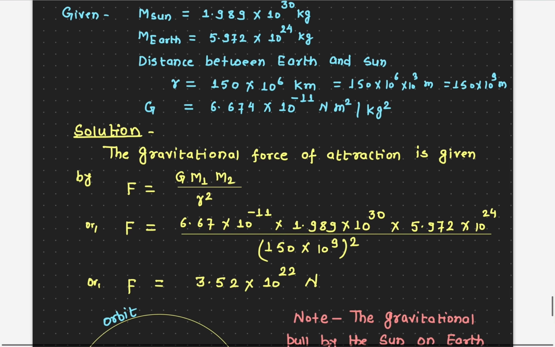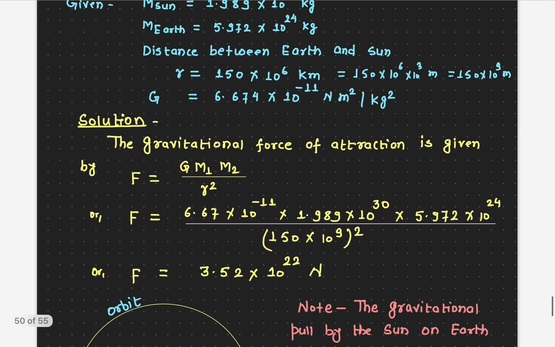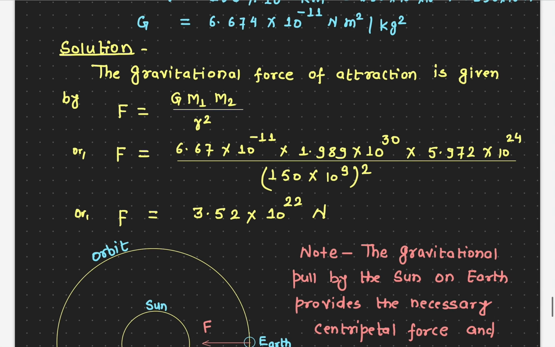So now, by Newton's law of gravitation, the force of attraction between the two masses is given by this equation: G m1 m2 over r squared, and we know the value of G. Just for your understanding, the capital G and the small g are two different physical quantities.